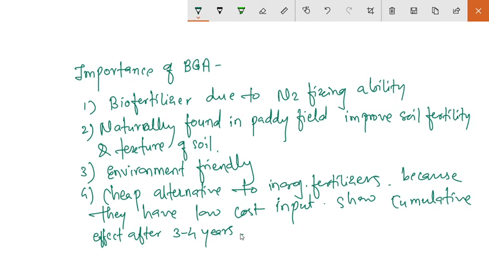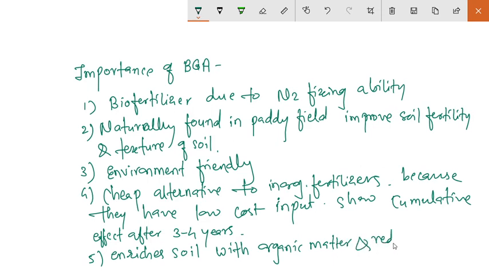ओके, the main advantage of BGA, blue green algae, is biological nitrogen fixation. Okay, so it enriches soil with organic matter and reduces CN ratio.